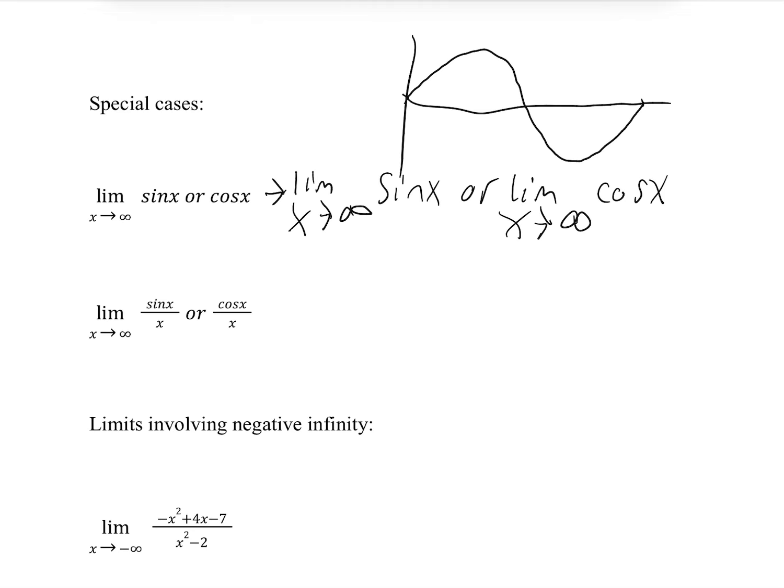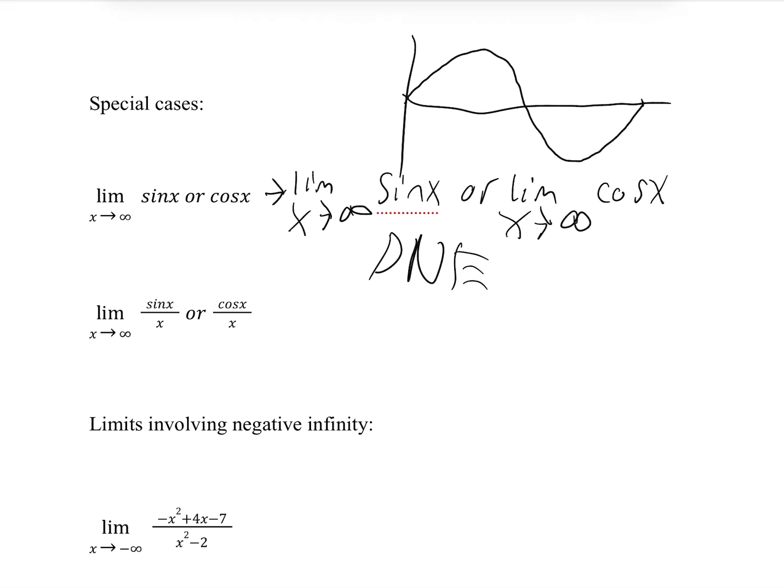This graph oscillates. It never goes beyond -1 or 1. Since it just keeps going back and forth, we can't say anything about it as x goes to infinity, because we could look at any of those points. So we say these limits do not exist, D and E.